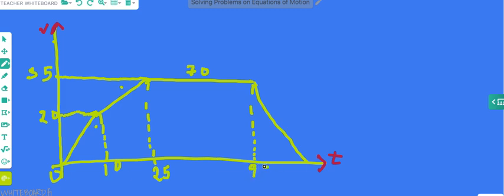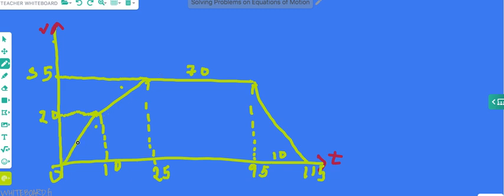That is the time it stops moving with constant speed. Then later it decelerates, after 10 seconds. So this is going to be 115. So the time frame here is 10.